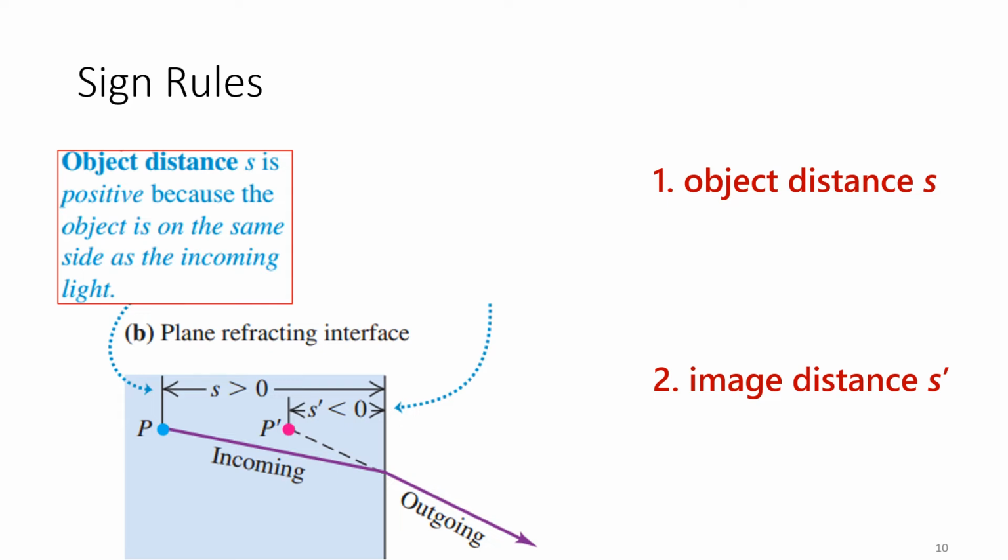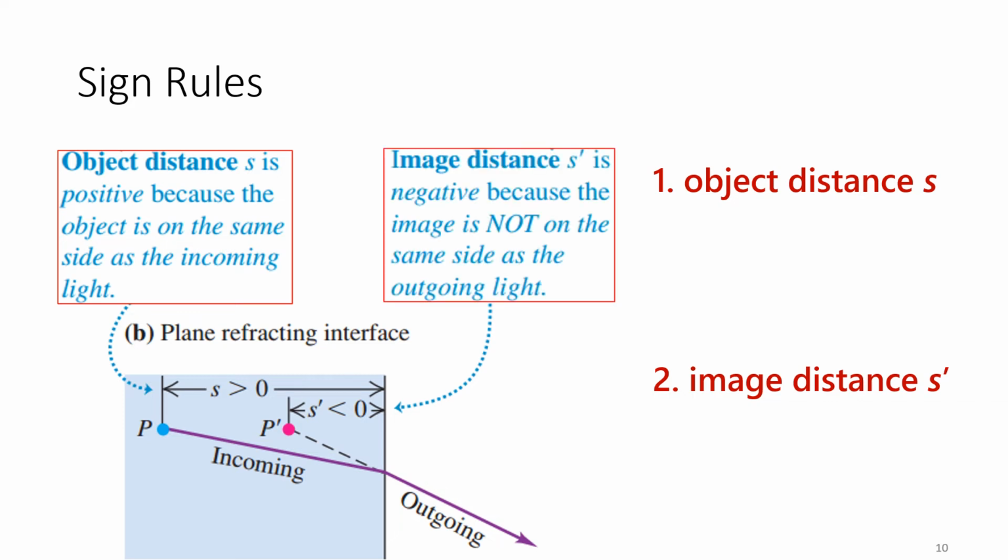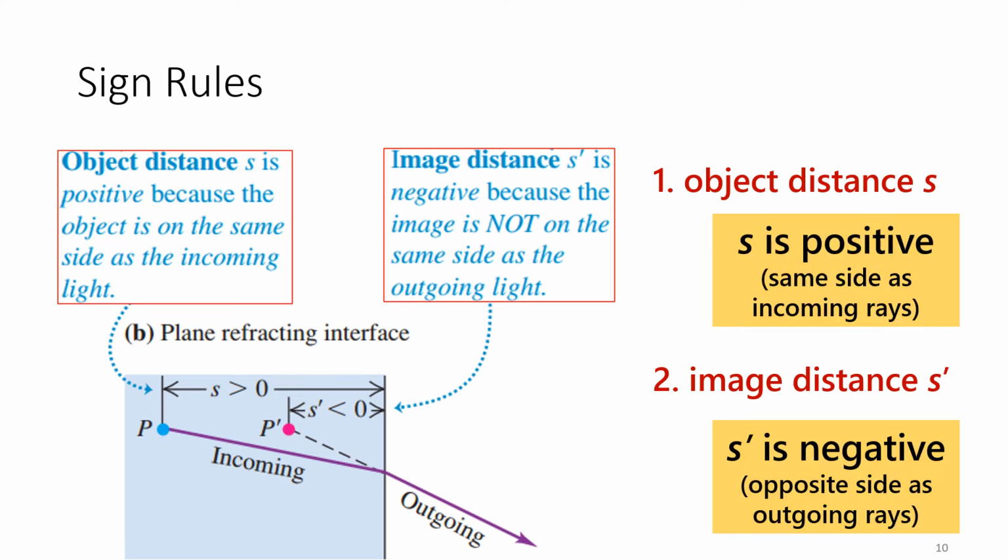If we find that the outgoing rays would not converge, as seen in this example, and it's the sightlines that will, we find the image to still be in the initial material. This means that the image distance S prime is negative because P prime, where the image is, and the outgoing rays would be at different sides of the boundary. As a summary, the signs of the object and image distances depend on their relative locations to the incoming and outgoing rays respectively.